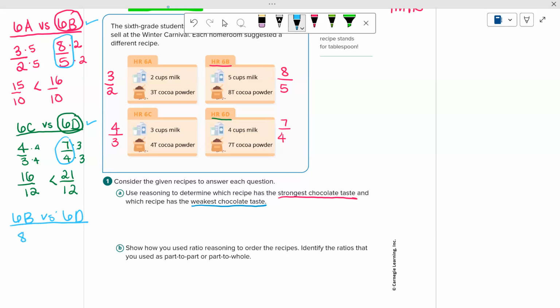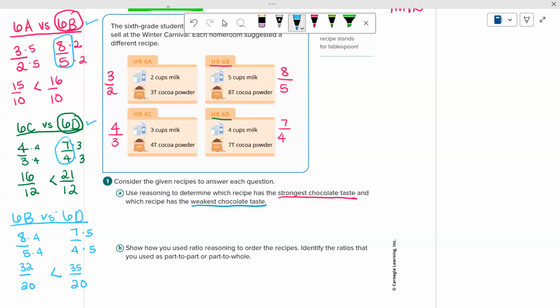So 6B, we had 8/5, and 6D, we have 7/4. If you say the common denominator between these is 20, you are correct. 5 times 4 is 20, so I have to multiply 8 times 4, and I get 32. And 4 times 5 is 20, so I have to multiply 7 times 5, and I get 35. So I know 32 is less than 35, so we have a winner.